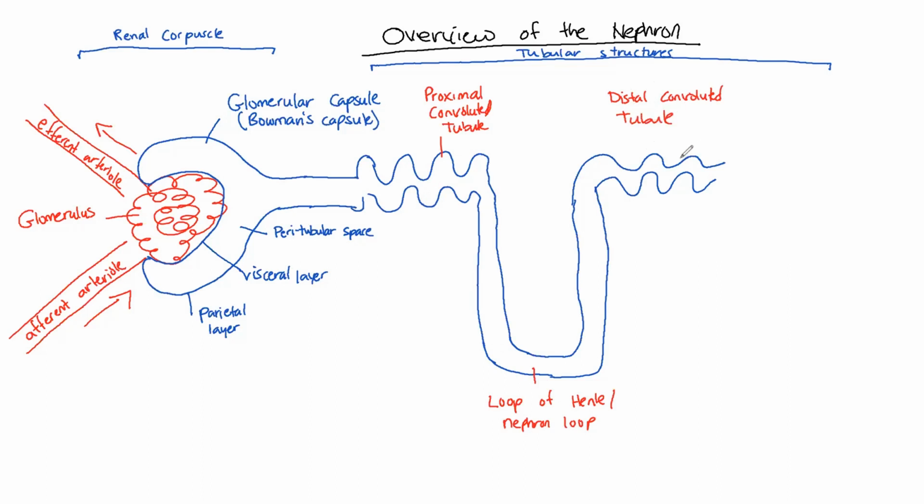Okay. And before we go any further, I want to explain the anatomy of these two structures. So I kind of alluded to this earlier, but we're drawing it out in this way for simplicity's sake, but we want to understand that the proximal convoluted tubule and the distal convoluted tubule actually come into very close contact with the glomerulus, okay?